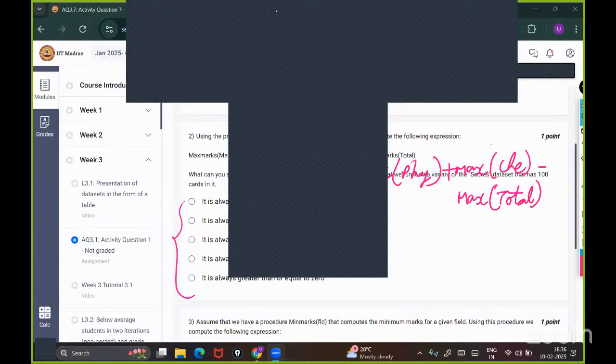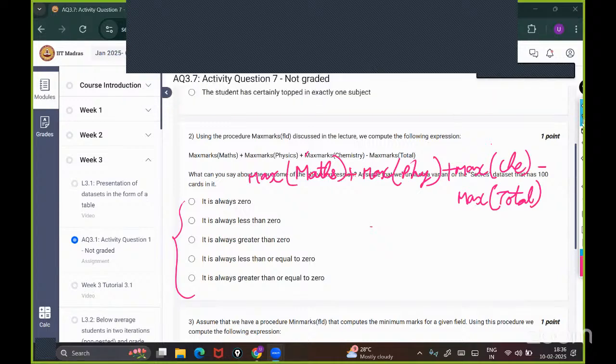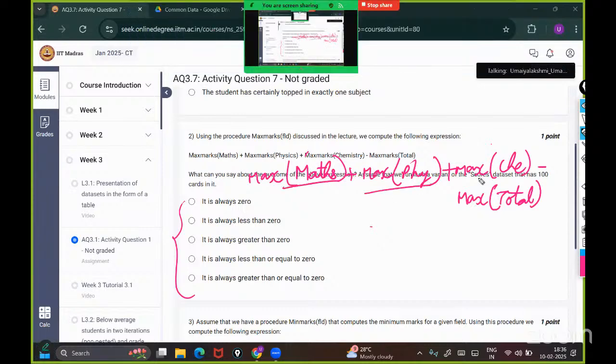So it's a possibility that the same person has scored the highest in maths, physics also highest, chemistry also highest. Then he will be the maximum total, right? So in this case, 0 is also possible, right?